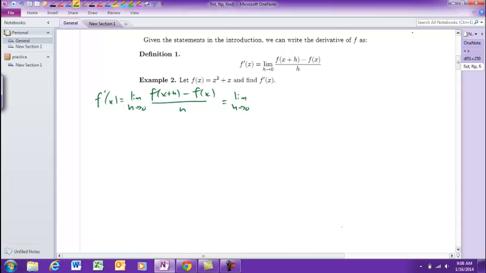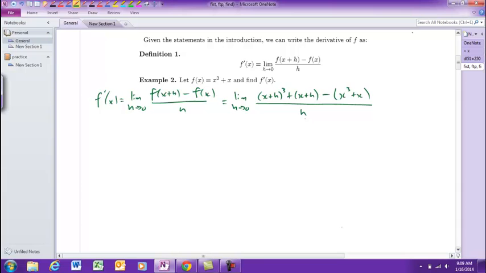So f of x plus h means I'm putting in x plus h for x there. That's x plus h cubed plus x plus h. Then I have to do the minus f of x, and f of x is just x cubed plus x. All I have to do is write that function right there. And then I divide this by h.